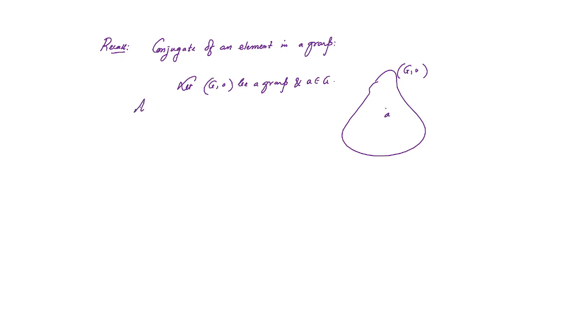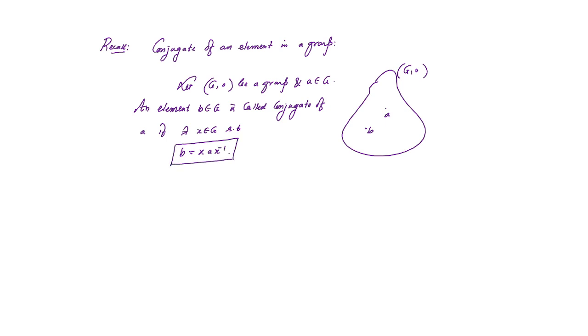Then an element B belonging to G is called a conjugate of A if there exists an element X belonging to G such that B equals X A X inverse.